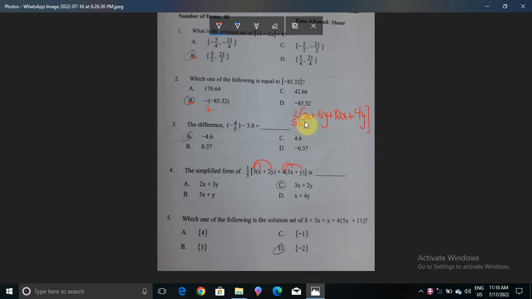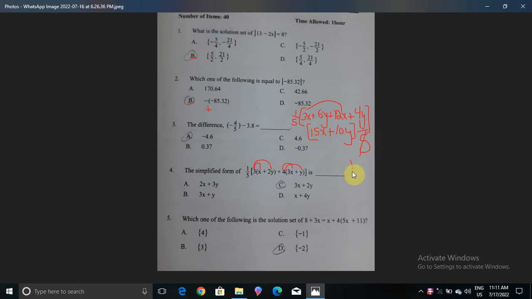Right? Then here we will collect the like terms inside the bracket, which are 3x and 12x, 6y and 4y. Then 3x plus 12x will be 15x, right? All of this inside the bracket, plus 6y plus 4y, which will be 10y. And multiply by 1 over 5, right?